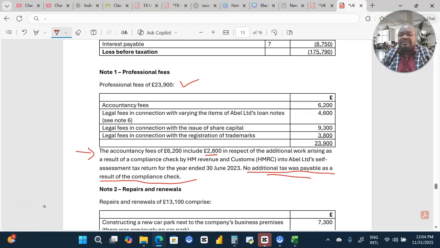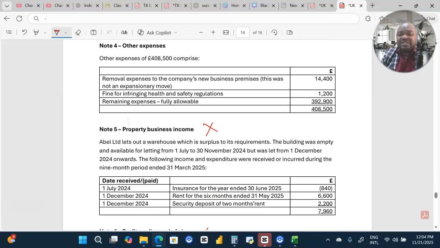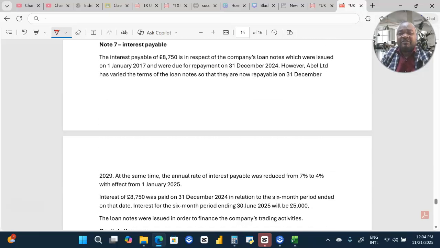So now the question is, how are we going to treat the figures for tax purposes? Let us get back to what the examiner said. In your computations, please use a particular figure.